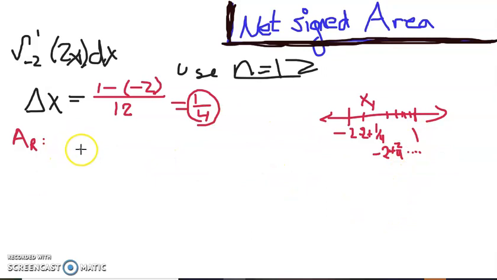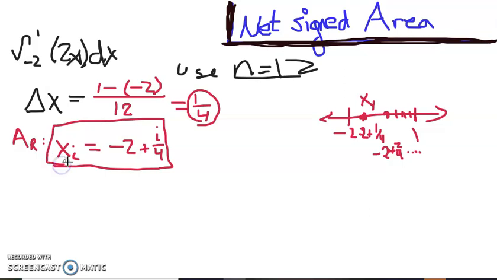So the way to express this would be x sub i. Remember, i is going from 1 to n, which is 12. x sub i, if we're doing this one as our starting point and so on, then what we get is -2 plus i over 4. Okay, so these are our x values that we're going to use to approximate. So we are going to set up the approximation.